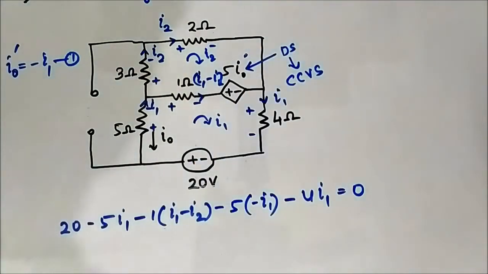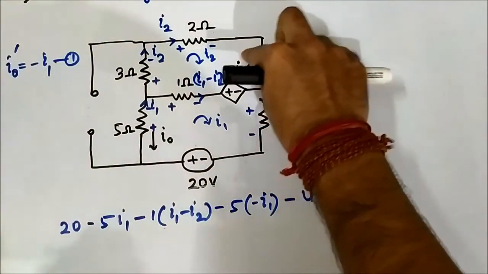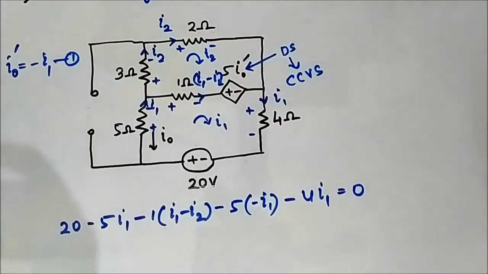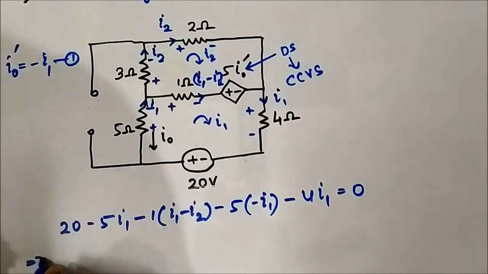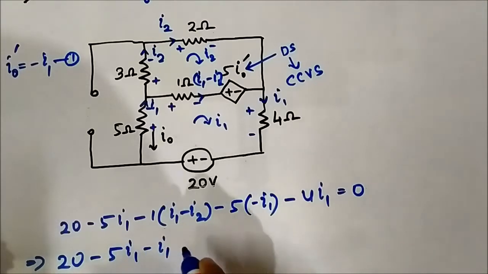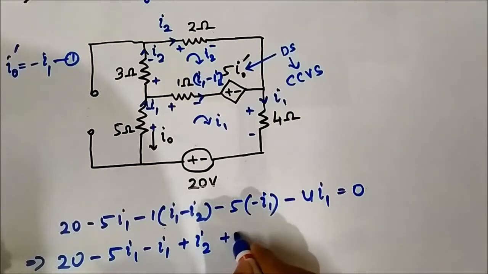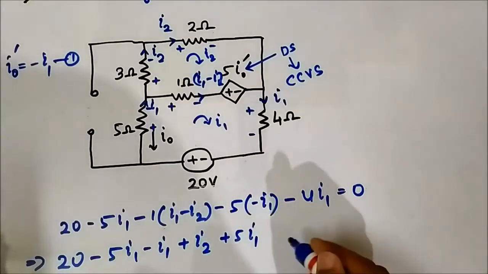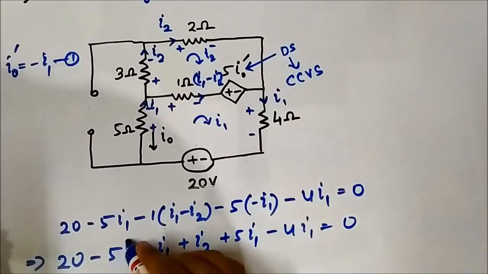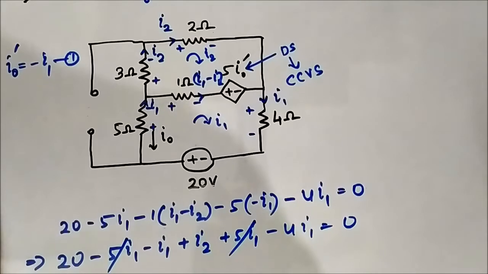Here it is I0 dash because it's the first case, so you will write it as I0 dash. If we solve it, it will become 20 minus 5 I1 minus I1 plus I2 plus 5 I1 minus 4 I1 is equal to 0. 5 I1 minus 5 I1 will get cancelled out.